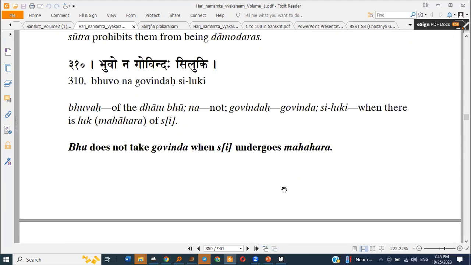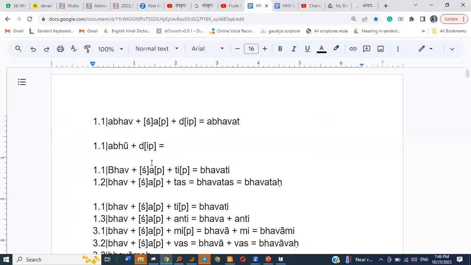The next sutra says, Bhuvo na Govindaha si luki: Bhu does not take Govinda when C undergoes Mahahara. Now C has been deleted. So now Dip is a Krishna Dhatuka and we can apply Dhaturantasya Govinda Pratyaya.